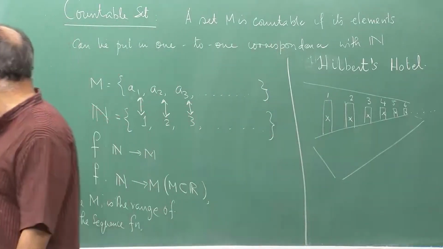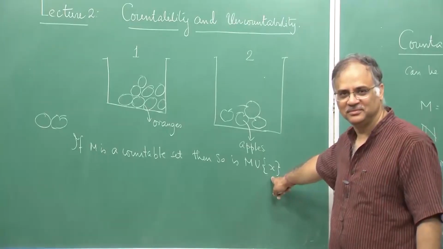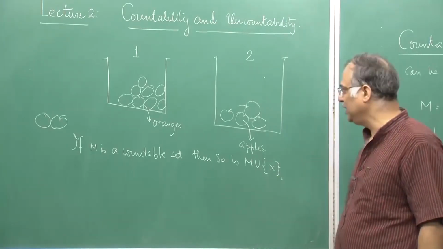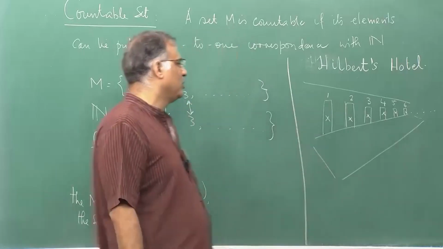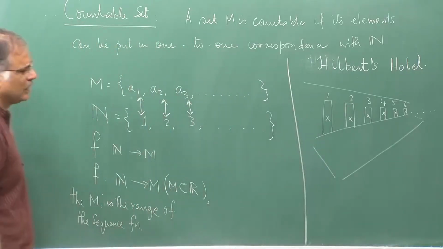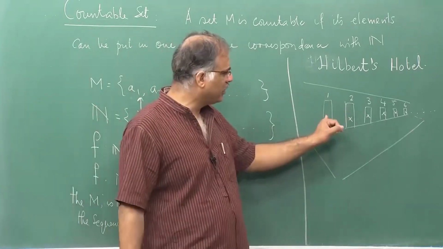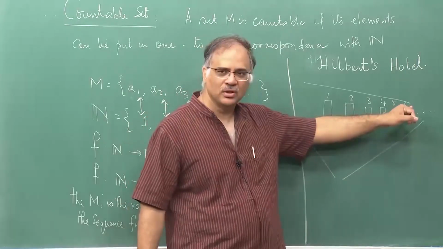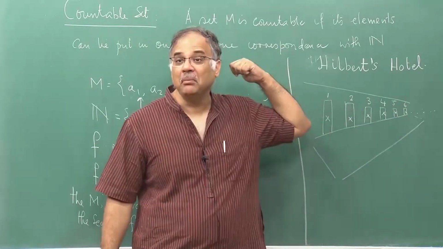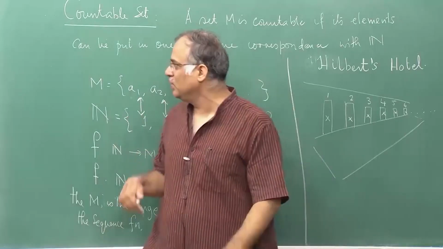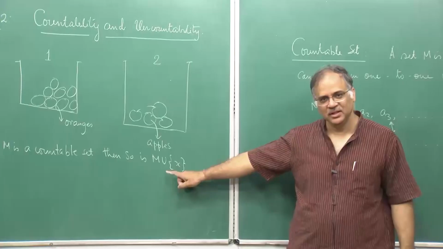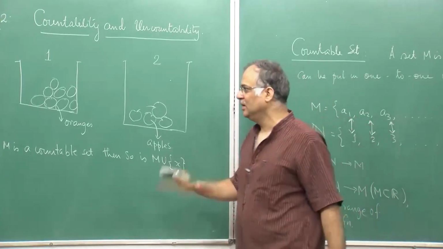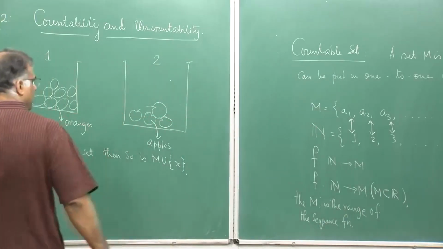So he is that X, right? Which means that the persons occupying these rooms were actually elements of the set M, and this new guy who comes in is the set X. So this is the simple criterion which solves many problems.